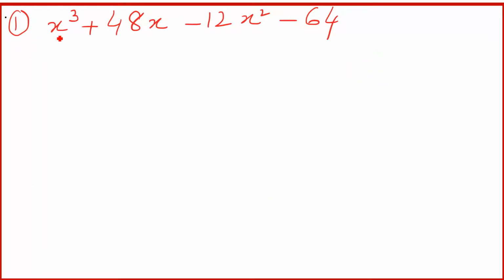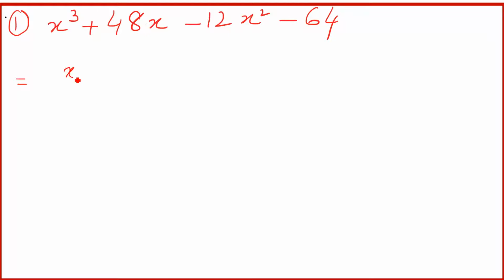So this is the first question, x cube plus 48x minus 12x square minus 64. First of all, we will see that we cannot take anything common. Can we make the cube of the first and last term? In this exercise, we are dealing with cubes, right?